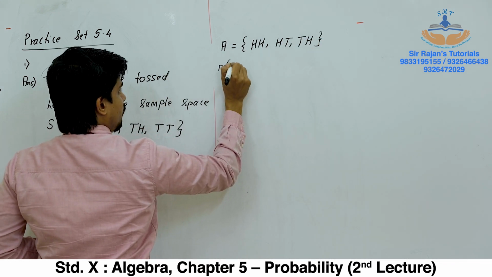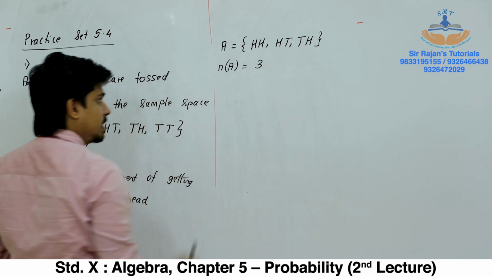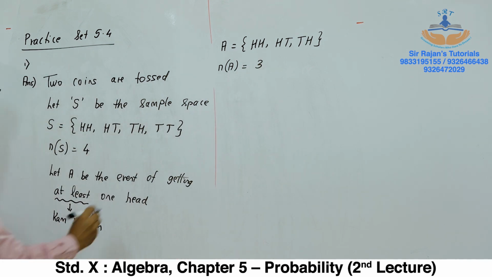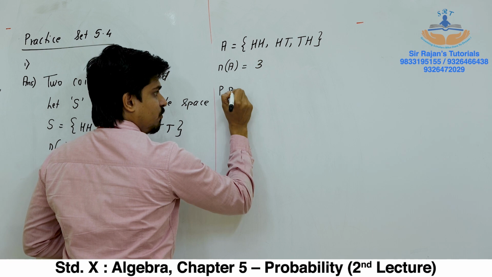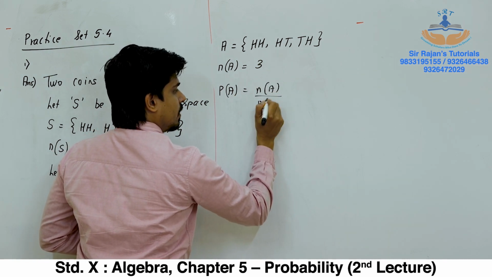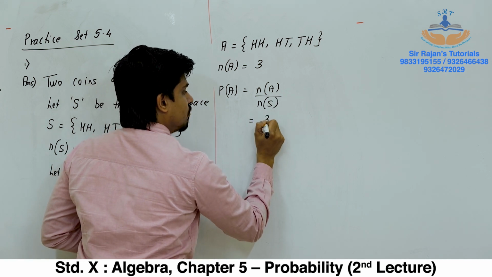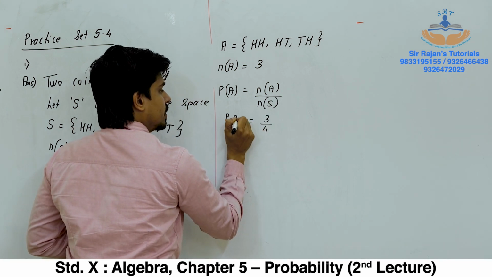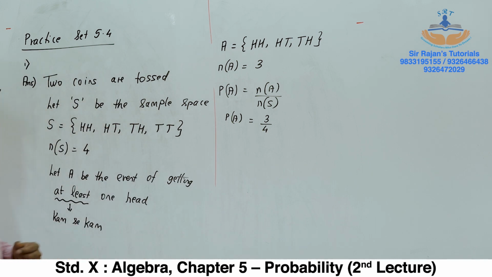Your N of A will be 3. Clear? Then you write your formula for probability. P of A will be N of A upon N of S. So it will be 3 upon 4. This is your final answer of your probability. Clear? Okay.